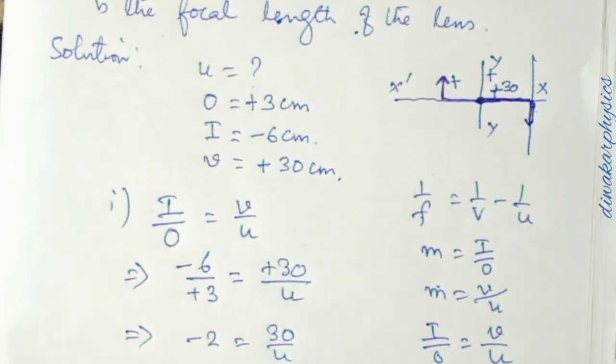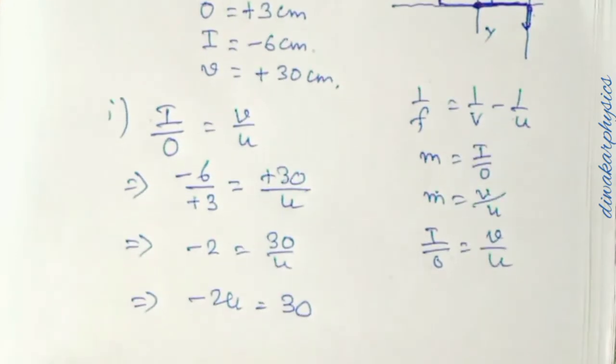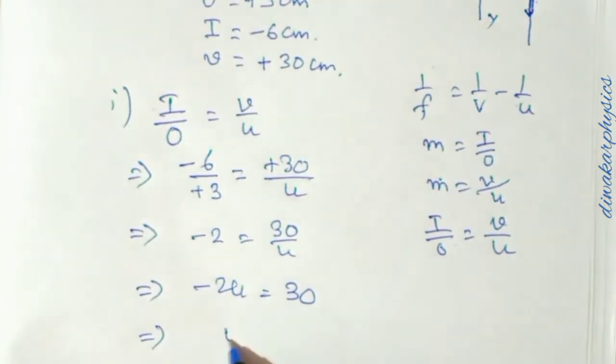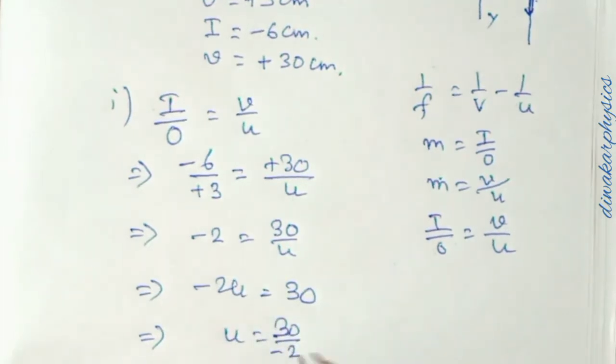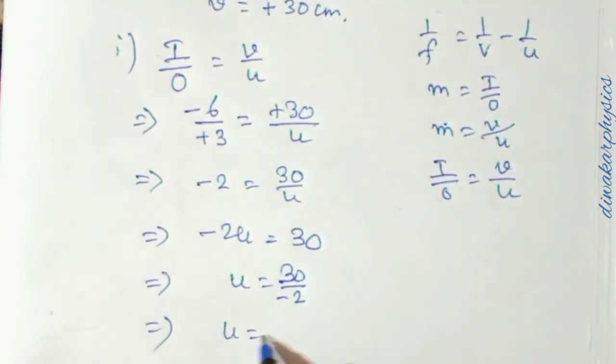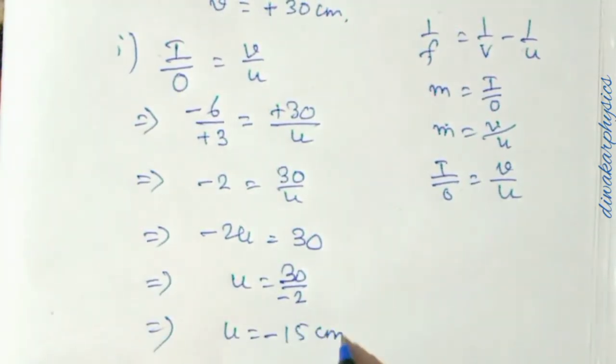So minus 2u equals 30. And then u equals 30 upon minus 2. So this gives u is equal to minus 15 centimeter.